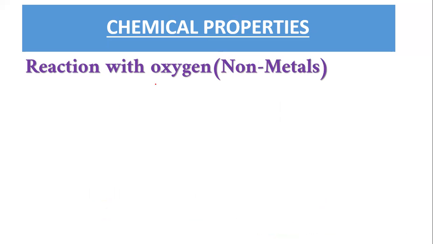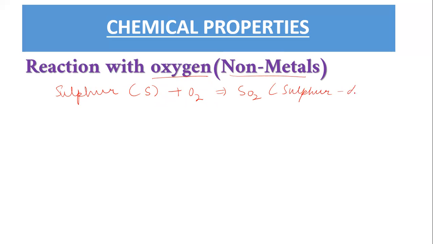Now the reaction of non-metals with oxygen. Let's take the example of sulfur. Sulfur is a non-metal. Its symbol is S. When it reacts with oxygen, O2, SO2, which is sulfur dioxide, is formed. Now we have to find the nature of SO2. We make it react with water, H2O.